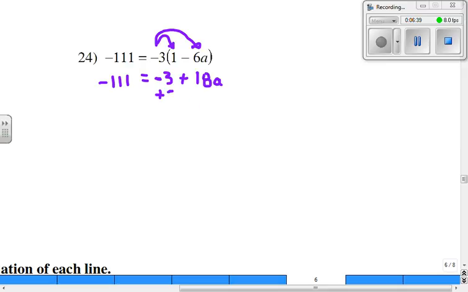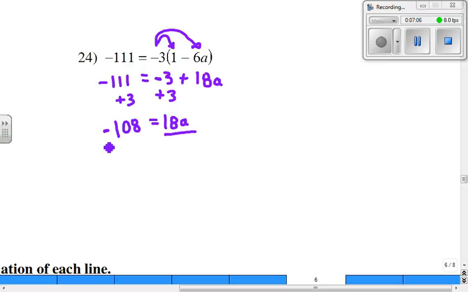Okay, I'm going to add 3 to each side. That's 18a is equal to negative 108.